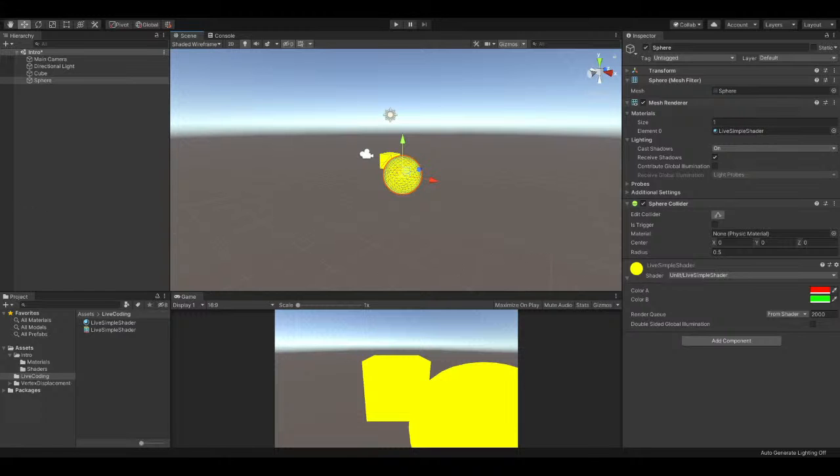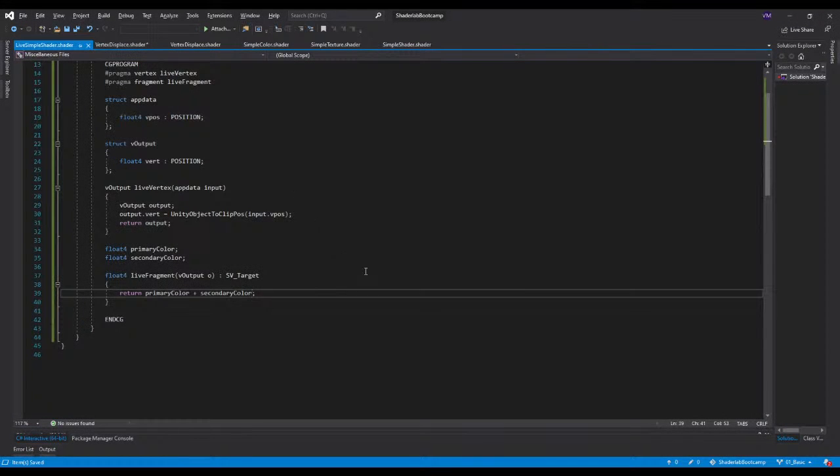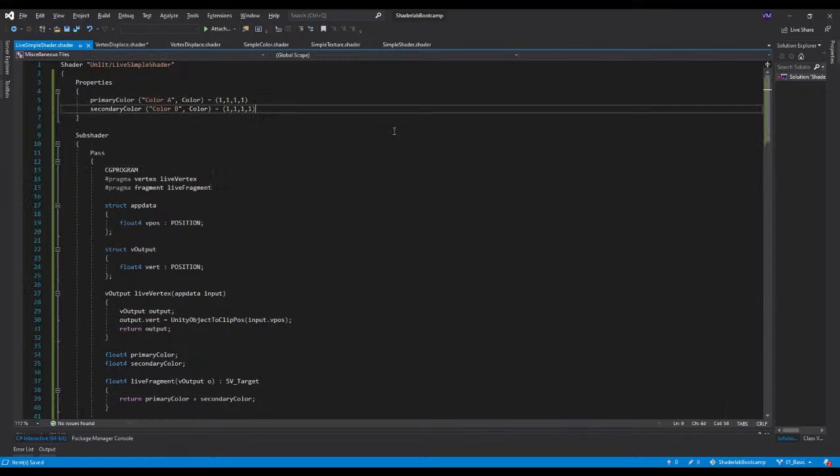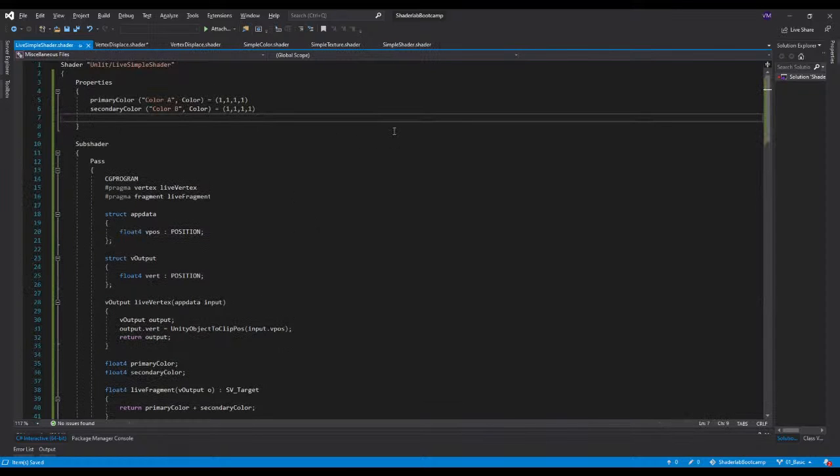But now someone says, why only color? I want to support a texture also. Fine, I have to see the Unity documentation for that, so you go to the Unity documentation. I'll provide the link. Then you provide a variable, any variable name, like texture.